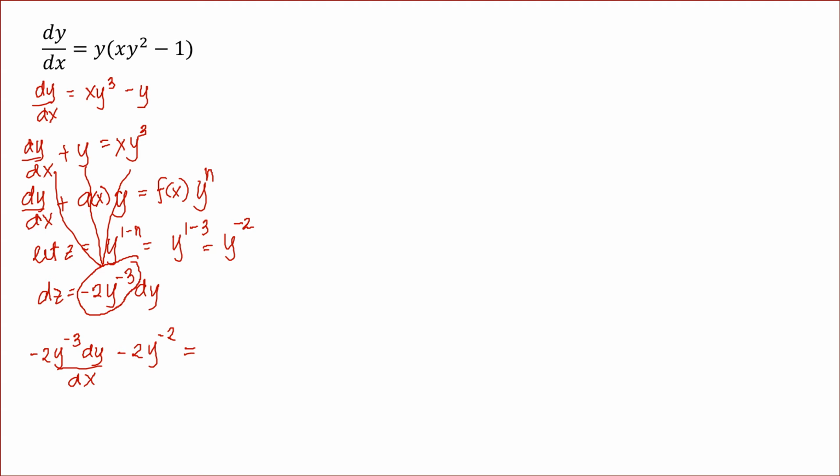And in this case, we have -2x. Note that y^(-3) multiplied by y^3 is equal to 1.